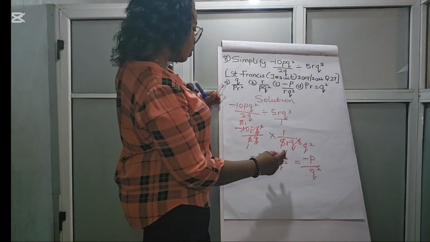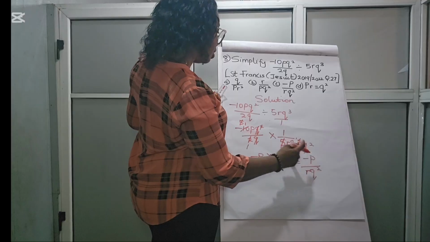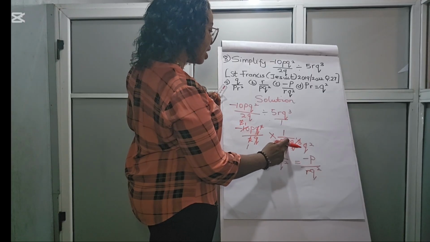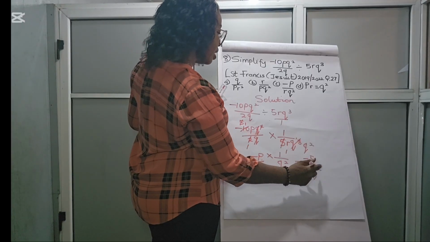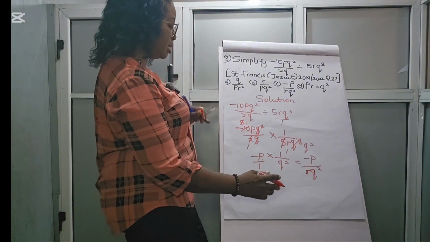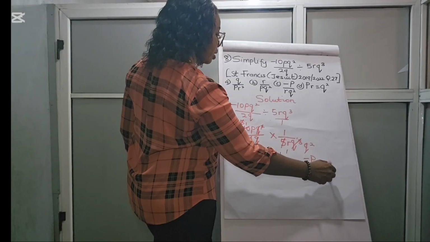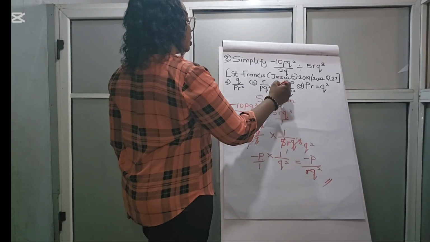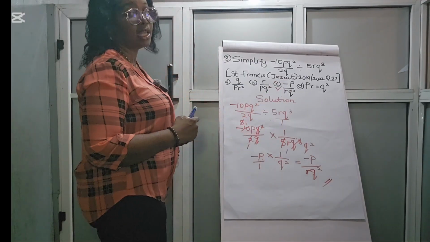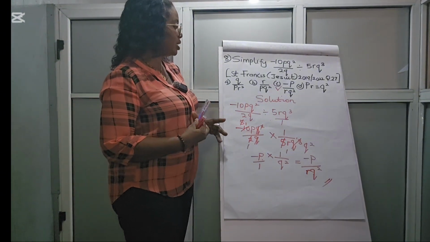Okay, we have rq square. Sorry, we're not forgetting this rq square. So our final answer is minus p divided by rq square, and we'll find that in option C. That gives us our final answer. So moving on to question 9.